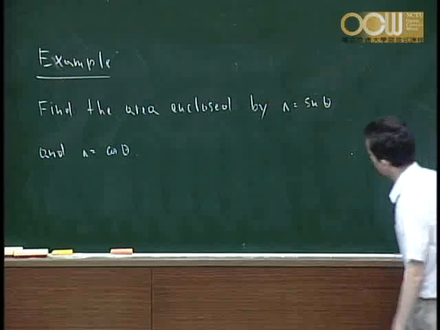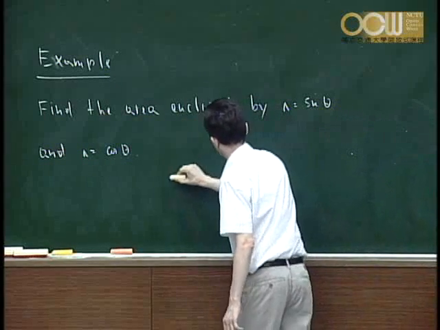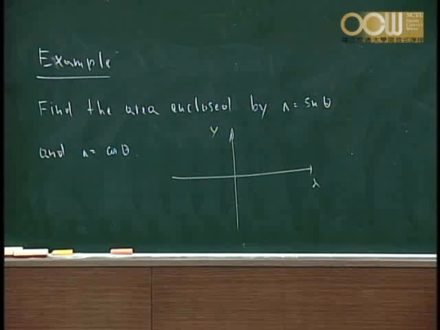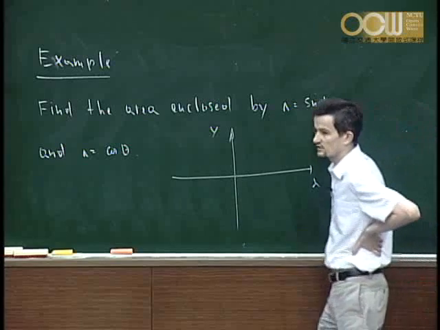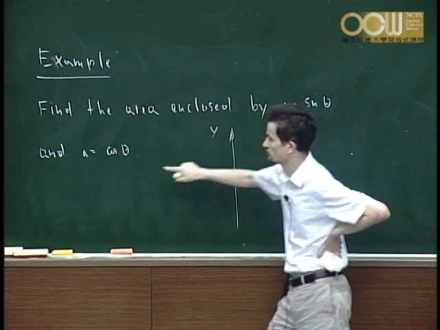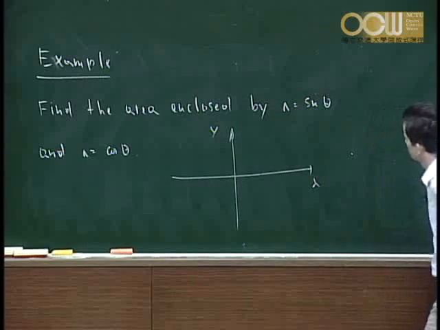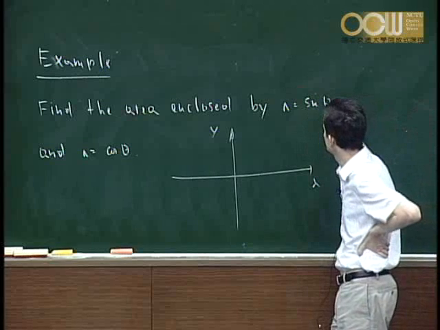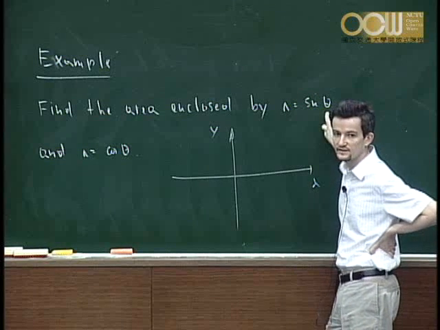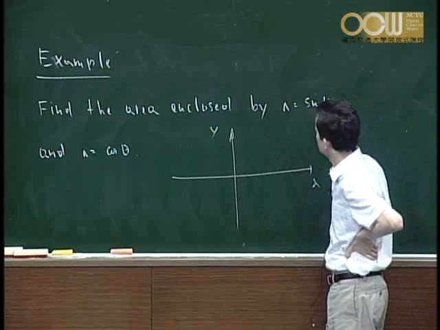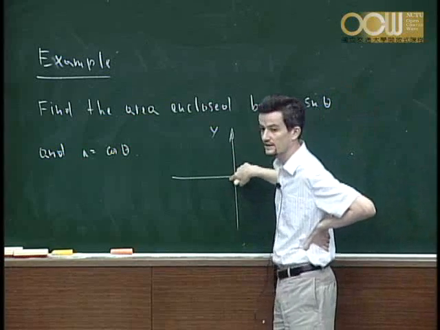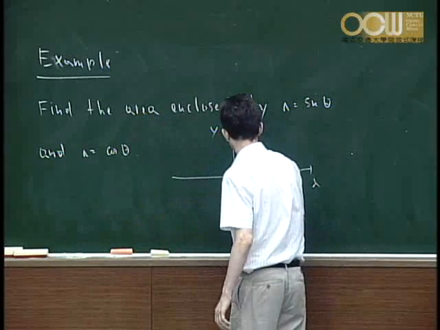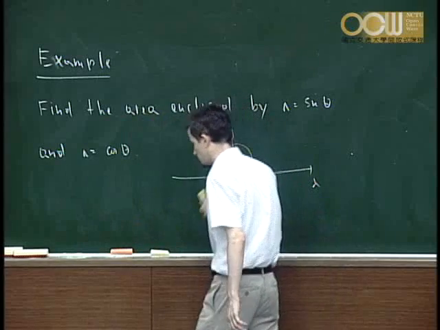Okay, so the first thing, plotting a picture. We remember from last semester that this is a circle of radius 1/2, and this is also a circle of radius 1/2. You see this because this is a polar curve, given in polar coordinates. For this one, if theta is equal to 0, r is equal to 0. If theta goes on to pi/2, it's maximal, and then you go back. So for this curve we have this circle.